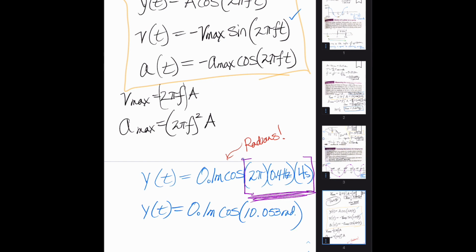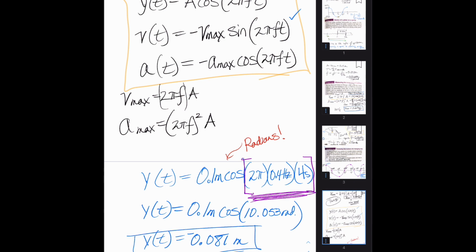Okay, so if I do that, what I get is negative 0.809, and we're going to multiply that by 0.1. So we're going to get y of t is equal to negative 0.081 meters.